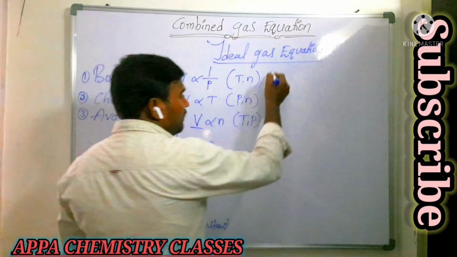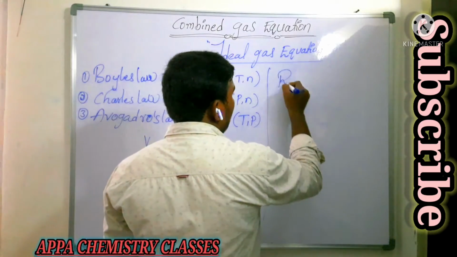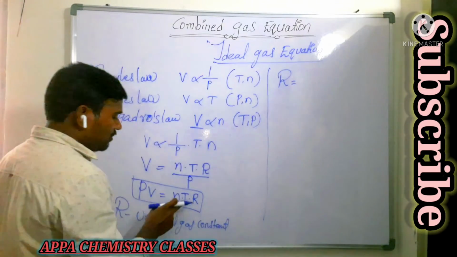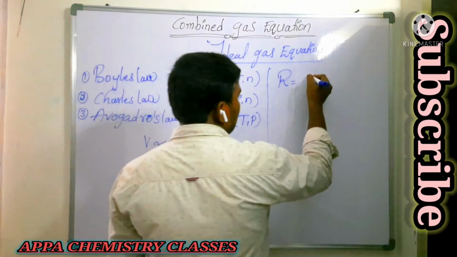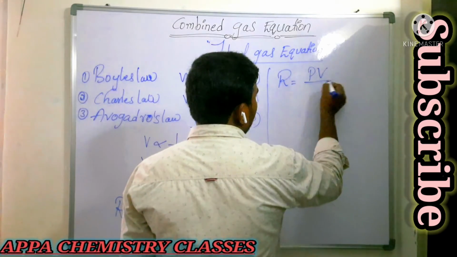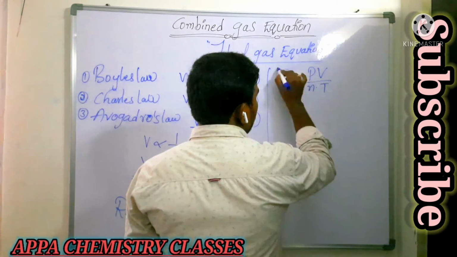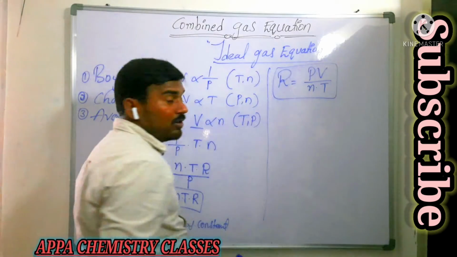So from this, if you want to get R, what you have to do? You send N and T to that side, so R is equal to PV by N into T. Then you are going to get the R values.